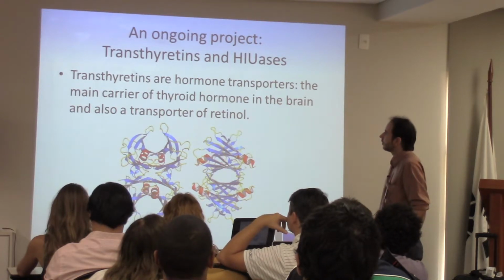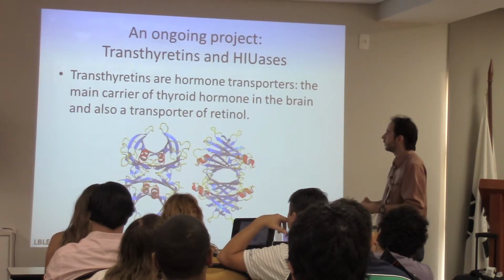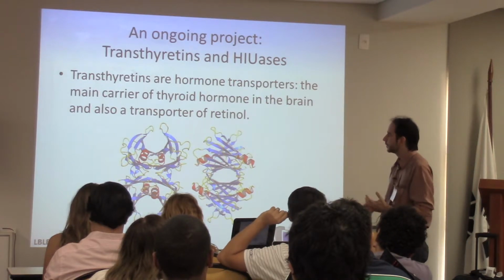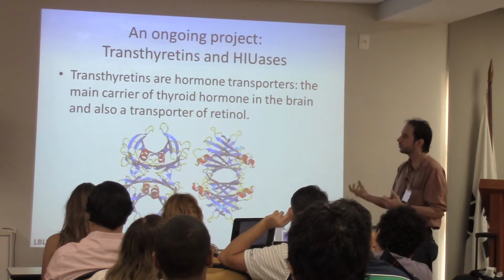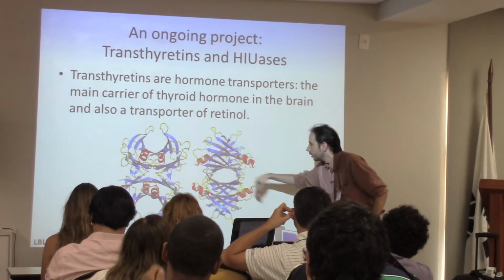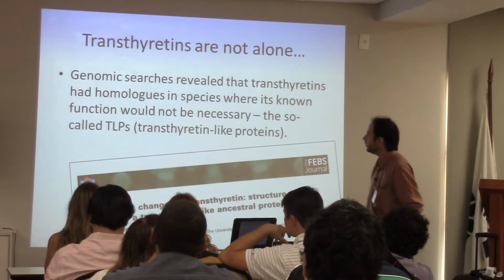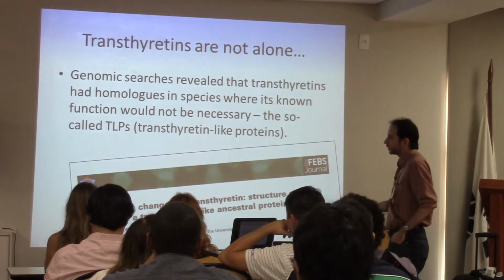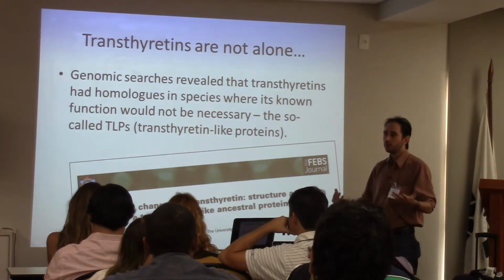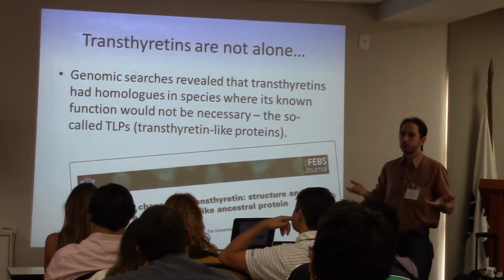So finally, as for an ongoing project, we are currently studying this family of transthyretins and HIUases. Transthyretins are hormone carriers. They carry the thyroid hormone and can also transport retinol in blood. These have this tunnel, which is formed when the protein is in its tetrameric form. A few years ago, people found out that these proteins actually have distant homologs in other species, in which there would be no reason for them to be doing the same thing.